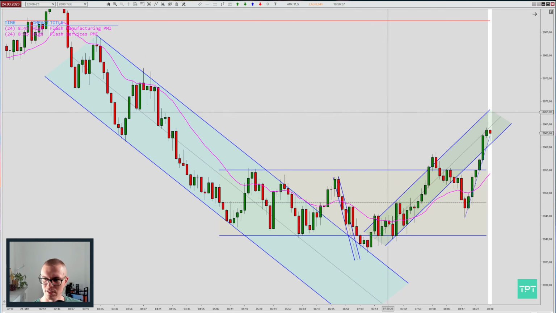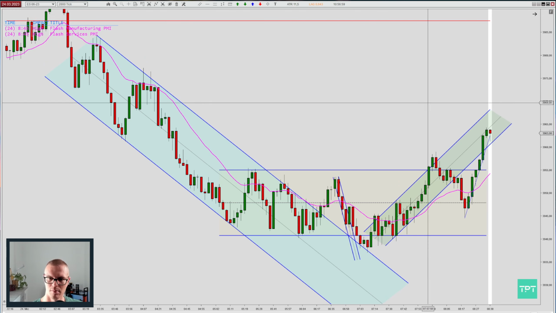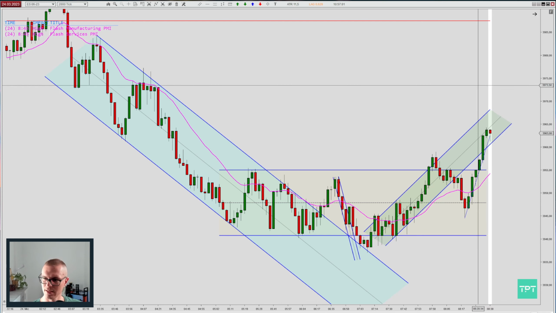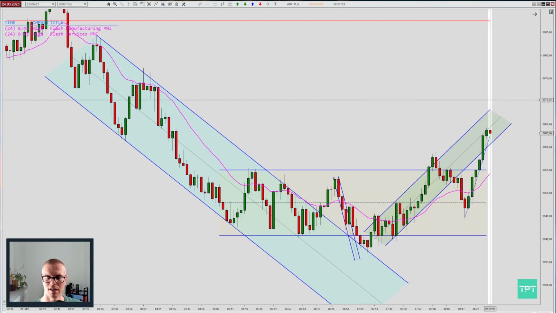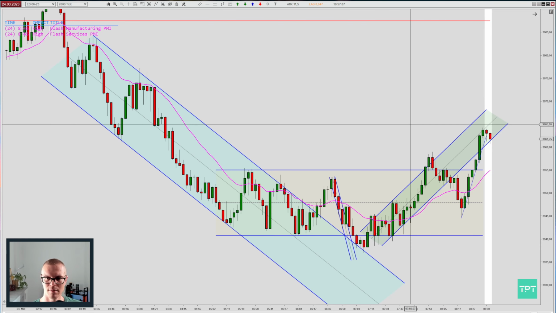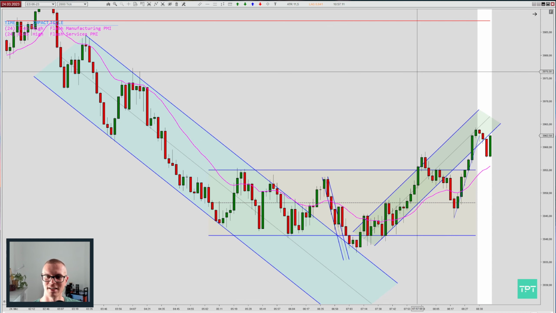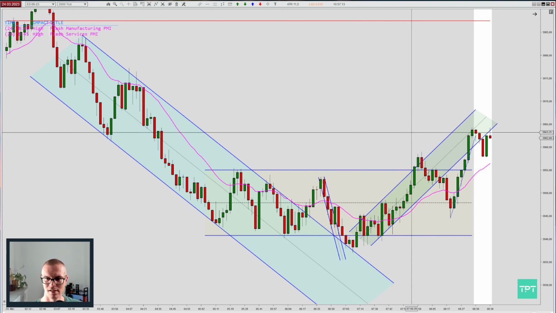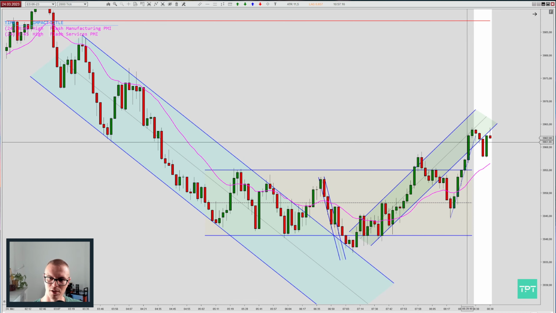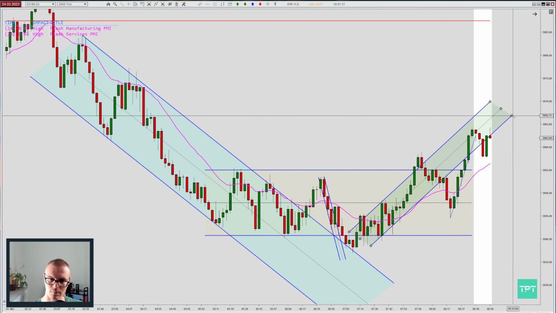This is 8:30 in the morning, and I'm always marking this area here with a change of color from this gray background to white background. So I know that right now markets are getting faster and more volatile. And yeah, we're going higher here.